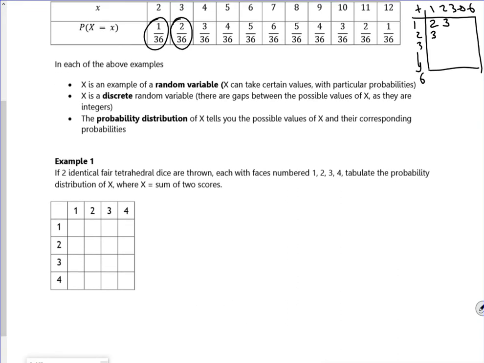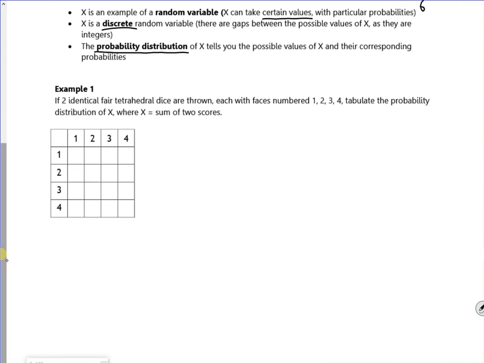So you've seen that before, but you probably didn't just put it in the table. So X is a random variable, discrete, something we're counting really, and the probability distribution tells you the values of it. So it says, if 2 identical fair tetrahedral dice are thrown, each with faces numbered 1 to 4, it wants the sum of the scores.